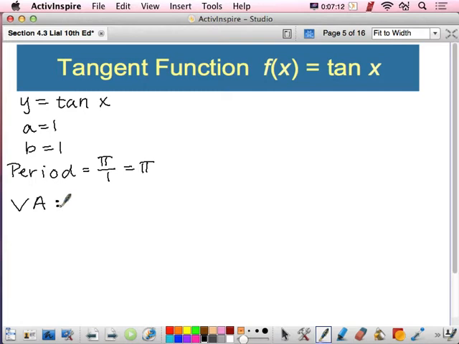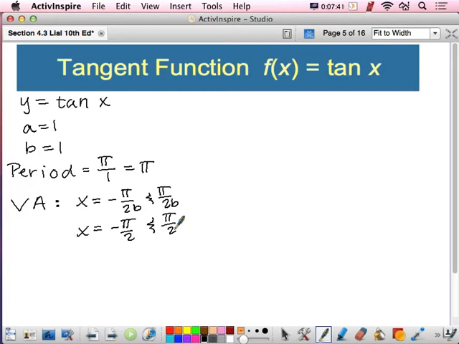And the formulas we use for that for tangent are x equals negative, y'all remember? Pi over 2b, and positive pi over 2b. So once you find one, you also know the other. So in this case, the vertical asymptotes are x equals negative pi over 2, because it's 2 times 1, and positive pi over 2.